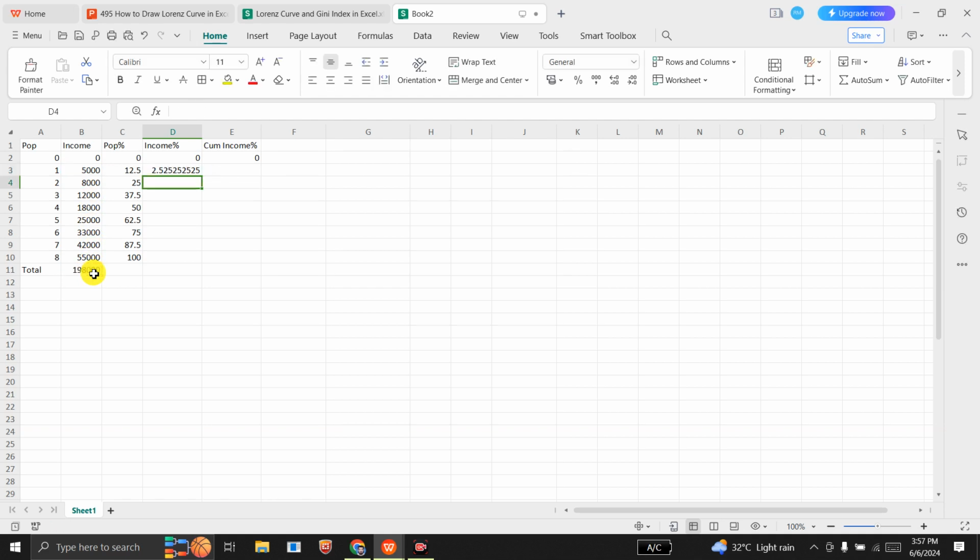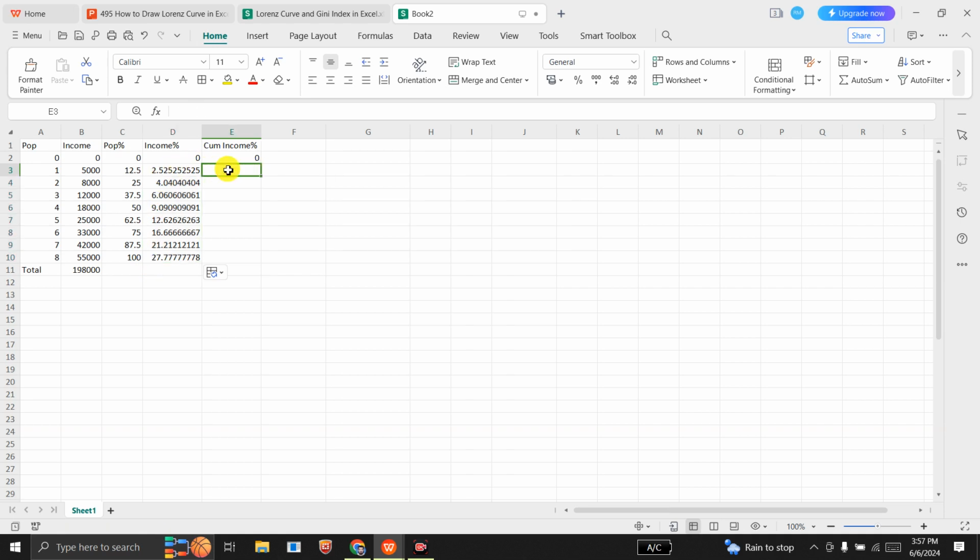So this shows that 2.52% of the income is earned by individual 1, and if I drag this down, this will show that the second person's share in the total income is 4.04%, and the share of income of the last individual, the 8th individual, is almost 28%. So there is a hell of a difference between this percentage and this percentage.